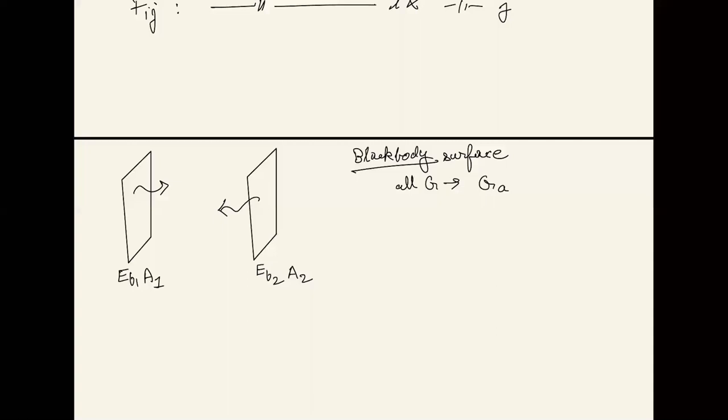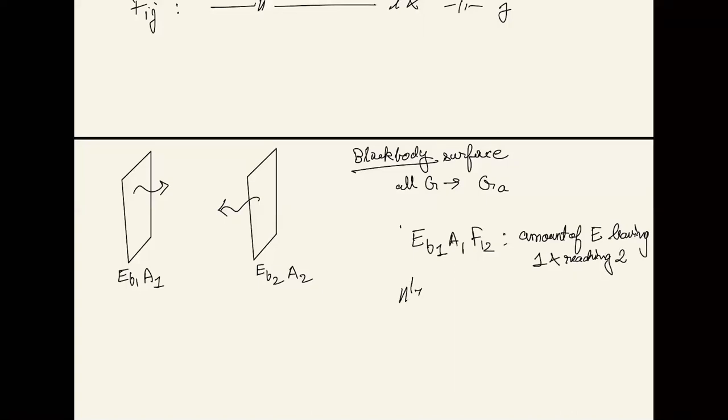Now of this energy leaving surface 1, of this particular energy EB1 that is leaving surface 1, the amount of energy that reaches surface 2 will be EB1 A1 F12, right? So this is the amount of E leaving 1 and reaching 2.